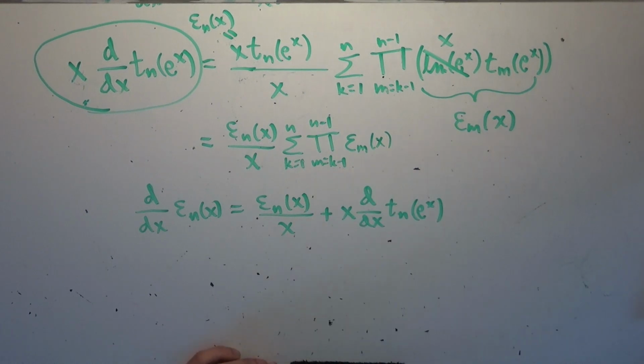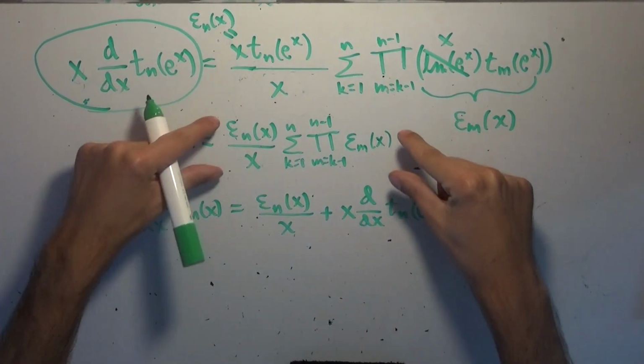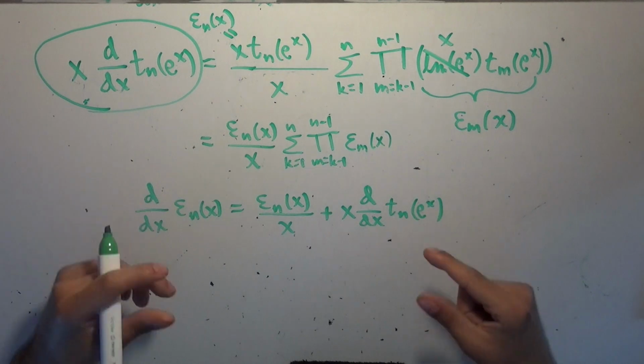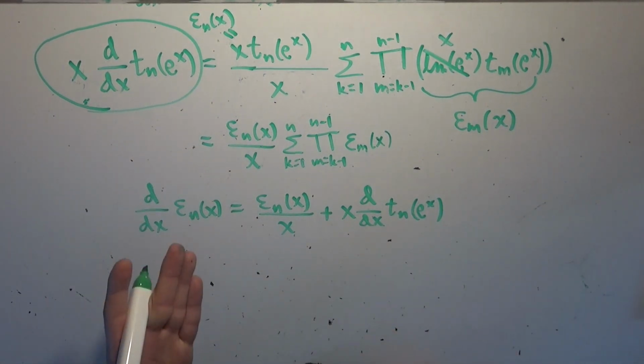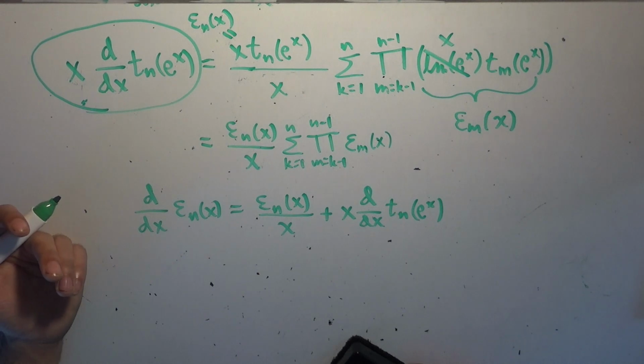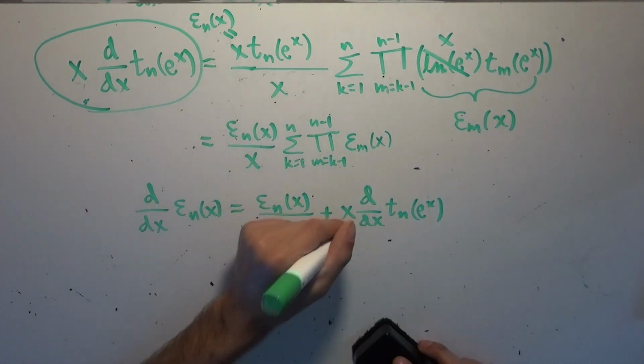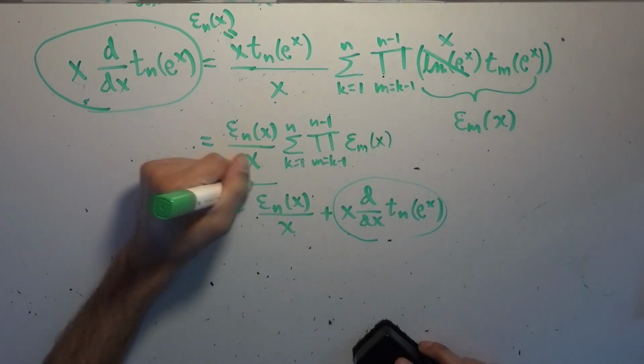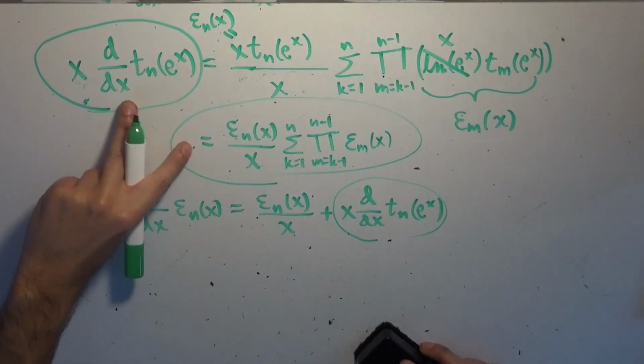Which means we can just replace this with this expression right here. And we will be able to put the derivative of the nth epsilon function entirely in terms of other epsilon functions, which is just amazing. So we just have to replace this with this, because they are equal.